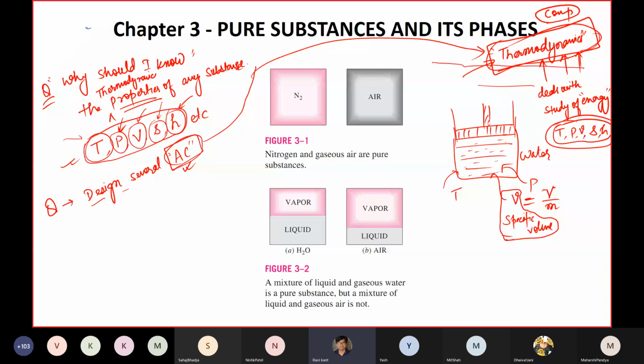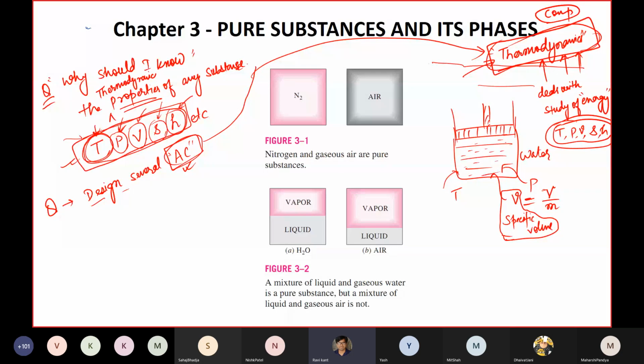Temperature is the overall kinetic energy the molecules possess in an average sense, which we see macroscopically as temperature, although it is derived microscopically from the kinetic energy of the molecules. You can read all these things in your textbooks.